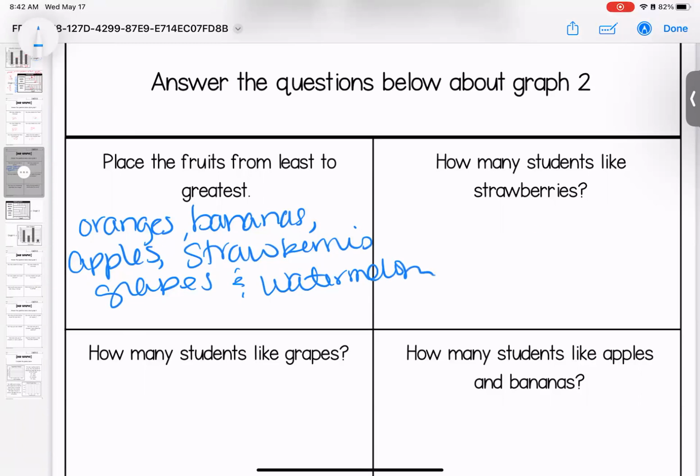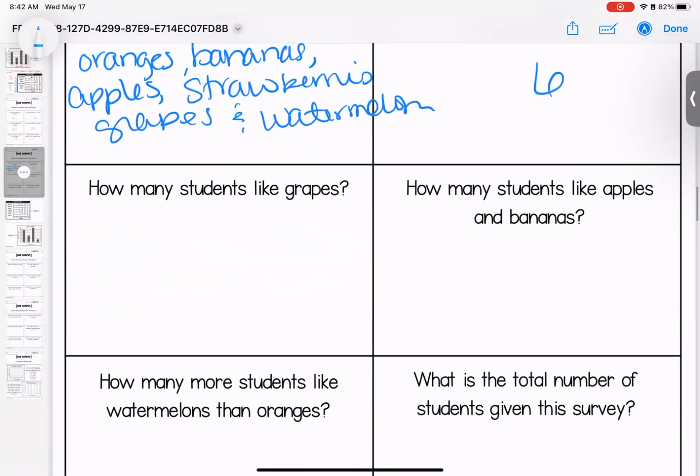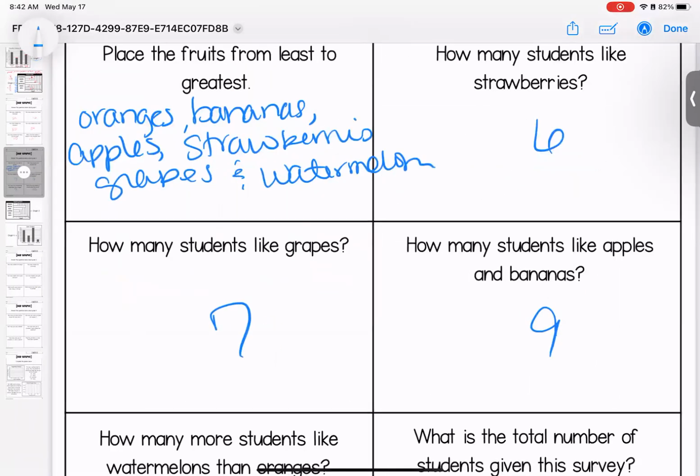Going over a little bit. 6 students had liked strawberries. 7 had liked grapes. There were 9 for apples and bananas. 7 more students liked watermelon than oranges, and 35 children answered this survey. As always, any questions, bring them with you to class.